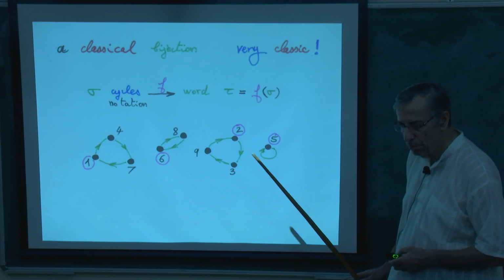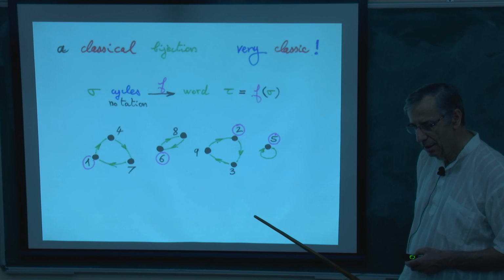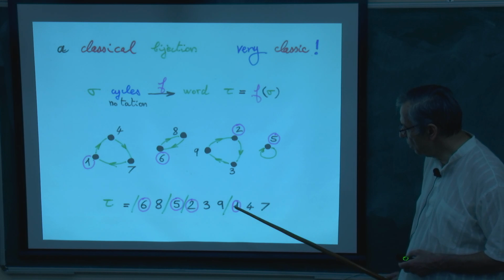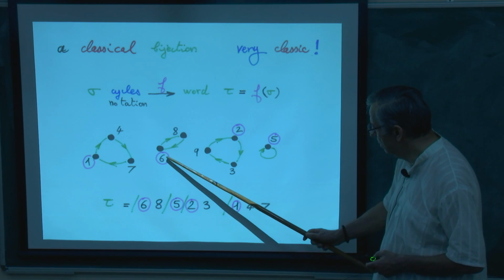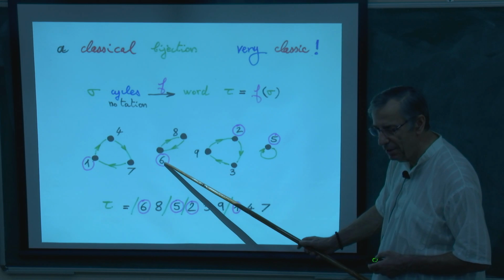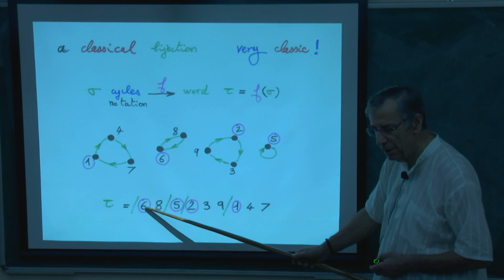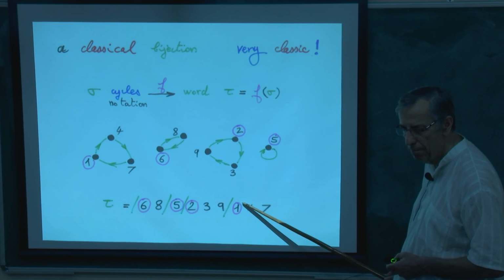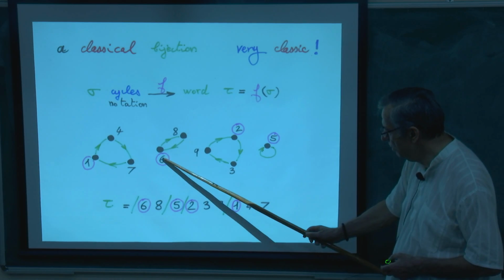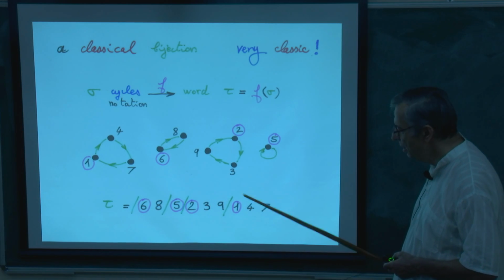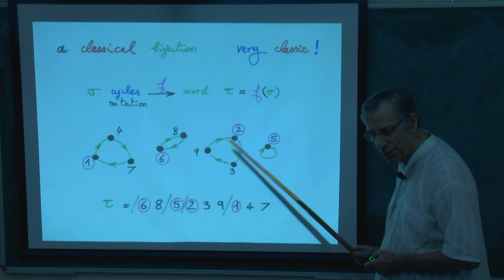And then you are going to break each cycle to get this word. You order the cycles by the minimum element in decreasing order. So you have 6, the biggest of these minimum elements, then 5, then 2, then 1. You put the minimum element of each cycle in decreasing order. So this gives you an order of the cycles.